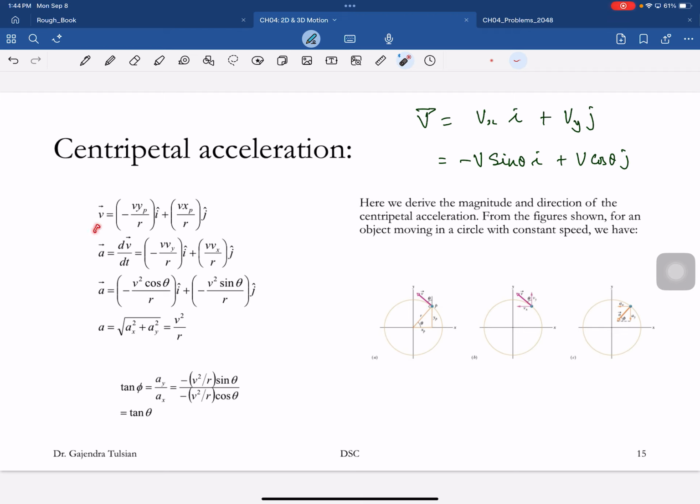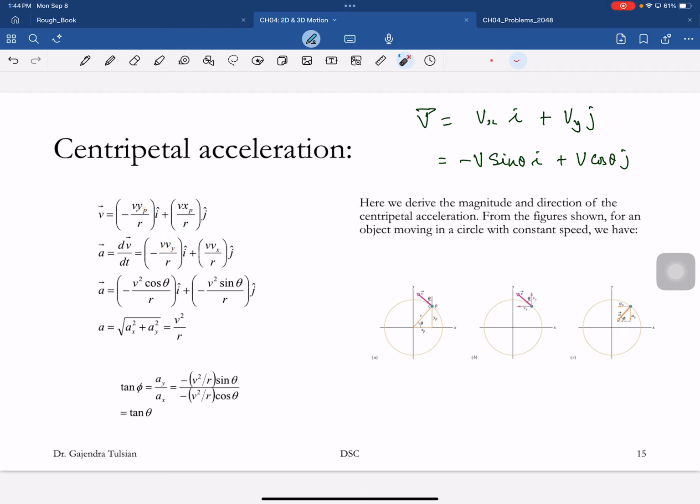Once you have the velocity, if you want to calculate the acceleration, what do you do? Take the time derivative. Acceleration is the time derivative of velocity. Your speed is constant, the radius is constant, so when you take the time derivative, only the x and y coordinates of the particle are changing. So dy by dt is vy, and dx by dt is vx.